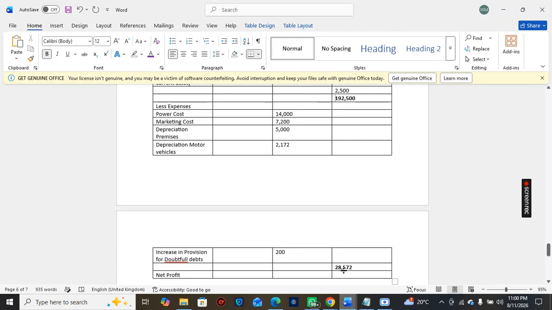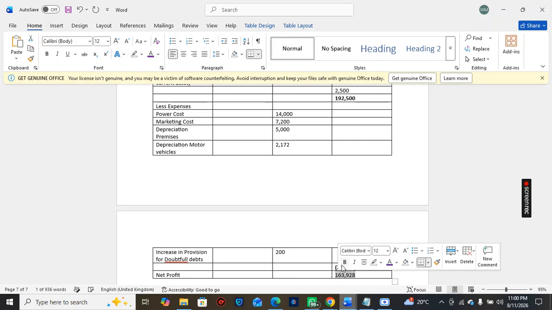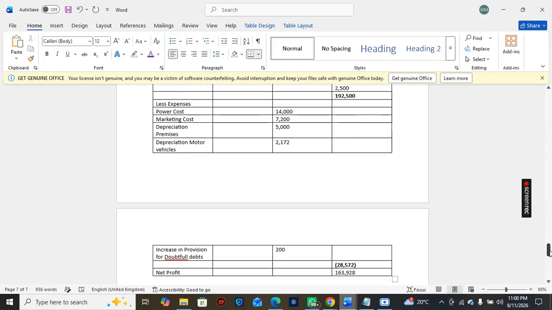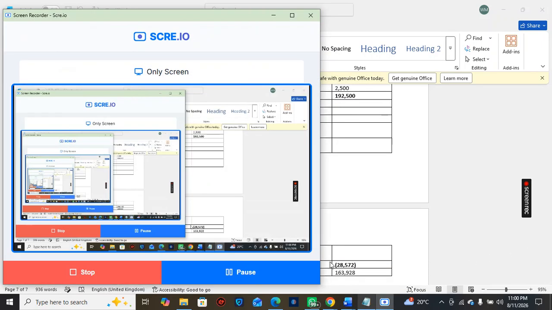You get 163,928. This is the net profit, the profit after you've deducted operational expenses.